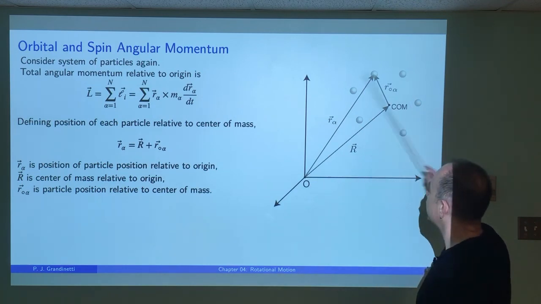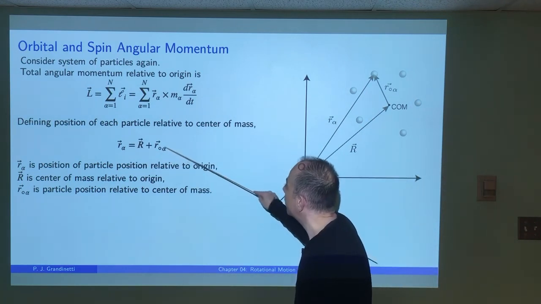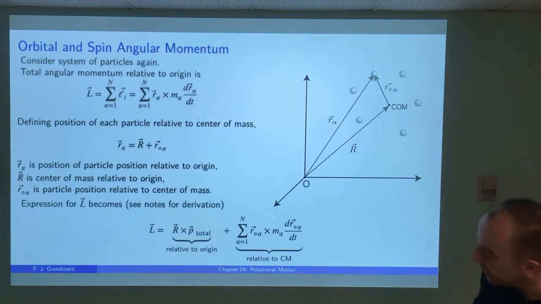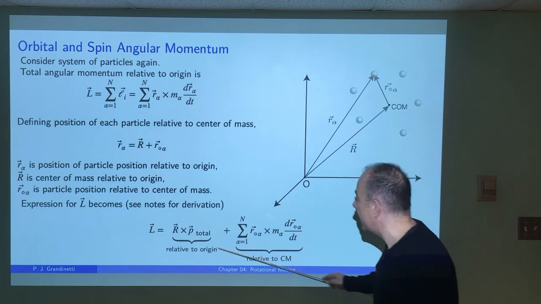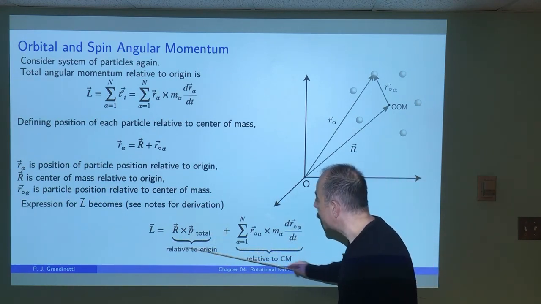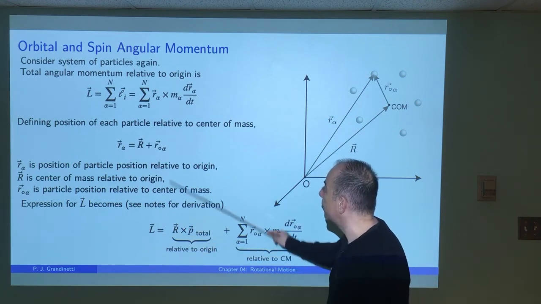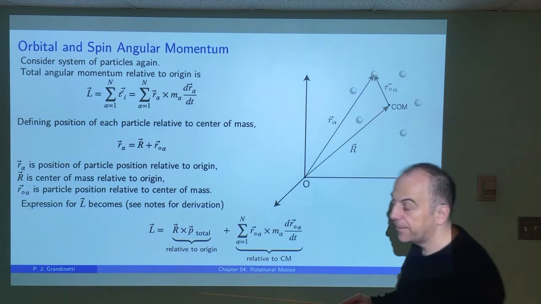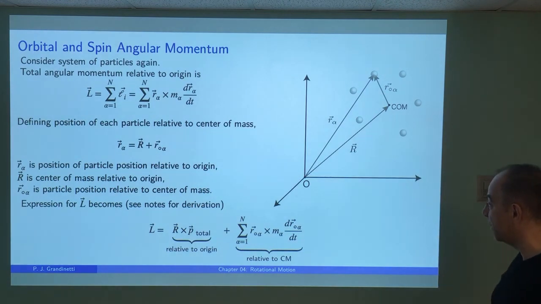I'm going to plug that into this expression up here and expand this out. What we're going to find is that the total angular momentum can be written as two terms. One is just the cross product of the center of mass vector with the total linear momentum of the system of particles.